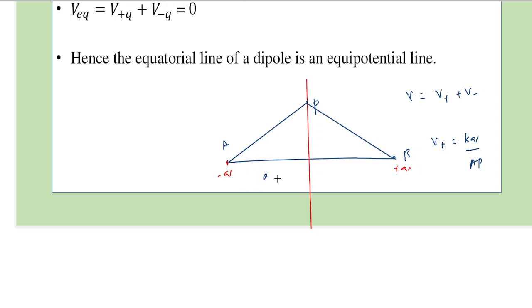Now this distance is a, this also is a, and this distance from this point to center, let's call it as r. Now AP and BP would be same, and V minus is equal to kq by BP.